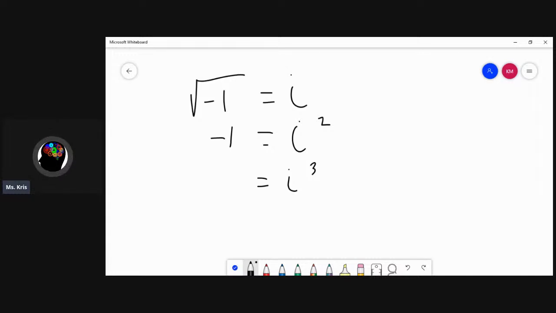Well, of course, if you have i to the third, that is i squared times i. So that is -i. And of course, i to the fourth is a +1.